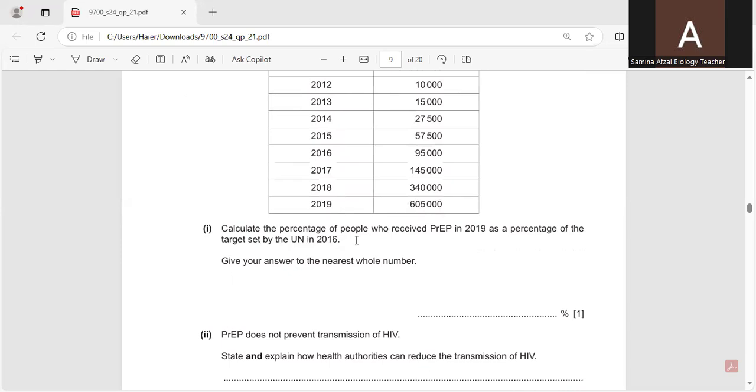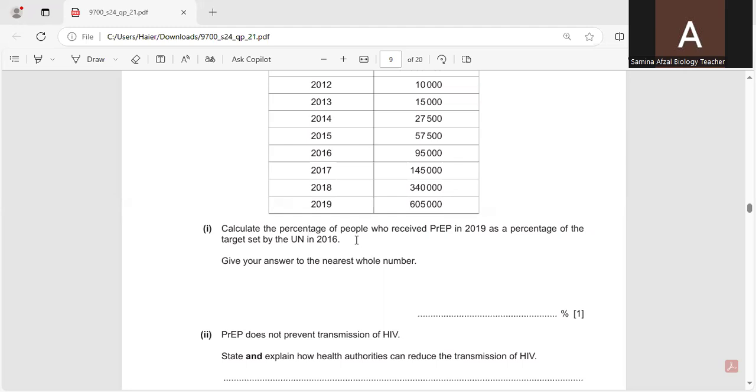Now we have to calculate the percentage of people who received PrEP in 2019 as a percentage of the target set by the UN in 2016. The target set at that time was 3 million.